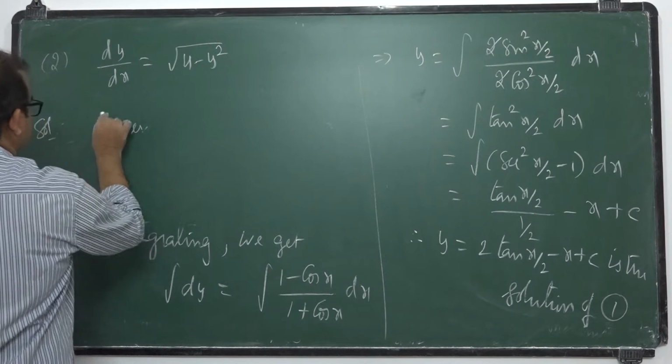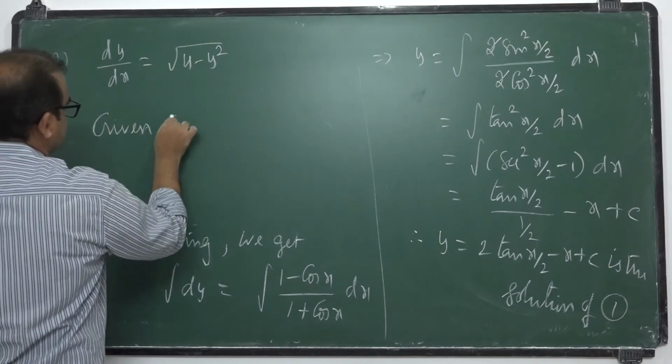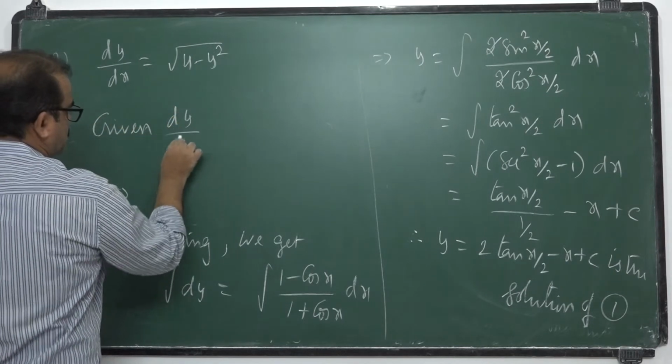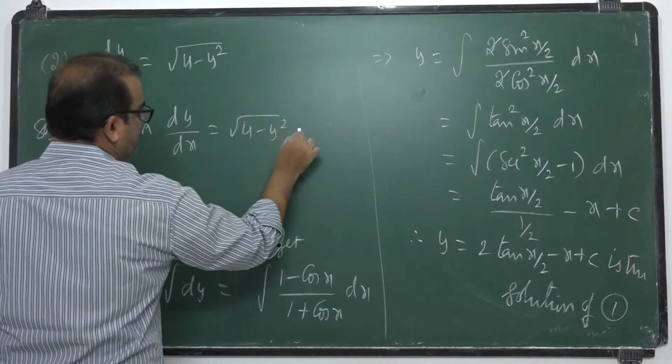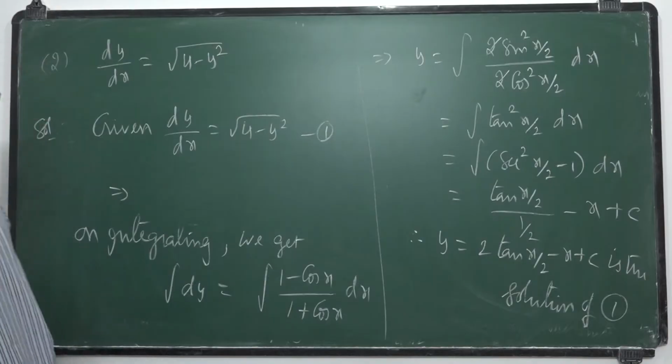What is the given differential equation? dy by dx is equal to root of 4 minus y square. Let it be equation 1.